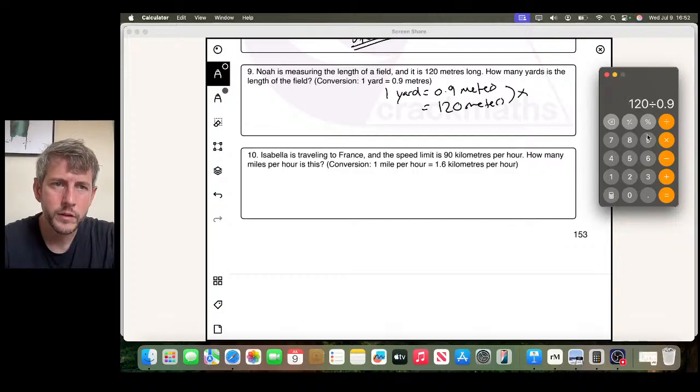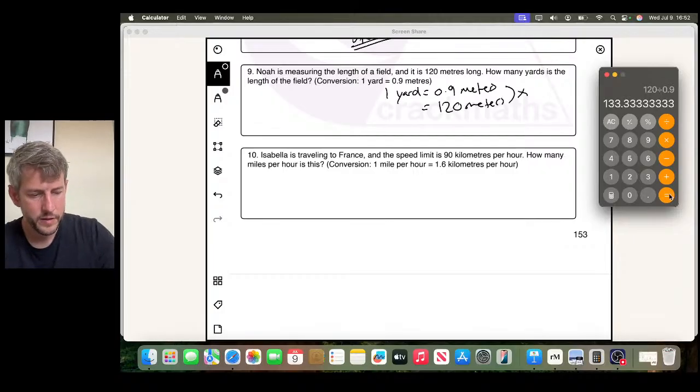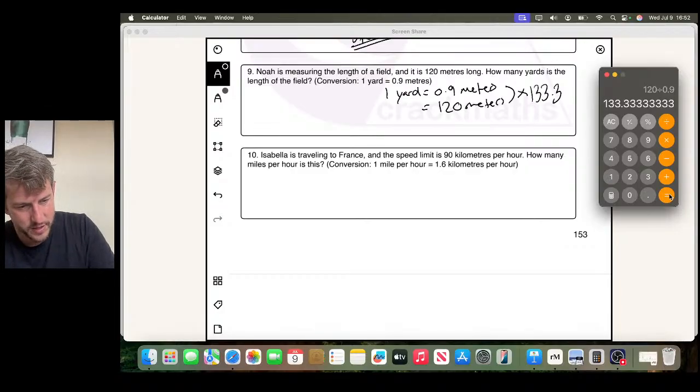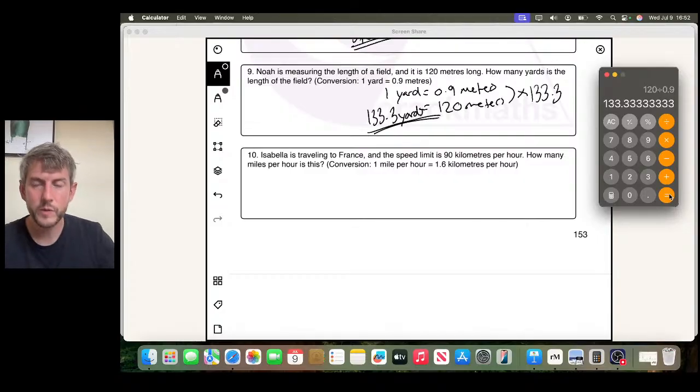That's 133.3. I'll leave it at that because it's to 1 decimal place, as we've said in the questions. So 133.3 yards. That's how many yards the field is.